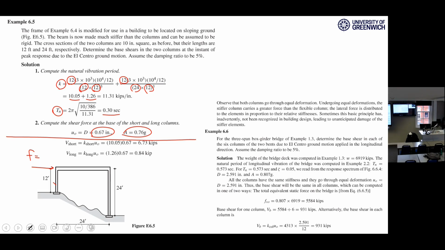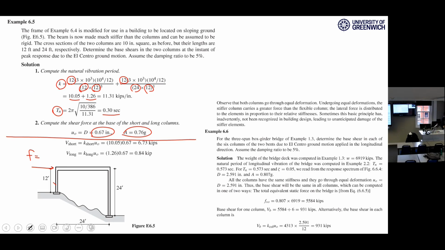You have two ways to calculate it. The first one, you can use any kind of approach you have learned in structural analysis. You can say this should be proportional to the stiffness of these two columns and stuff like that. But I don't want to go with this case. I want to go with the second approach.